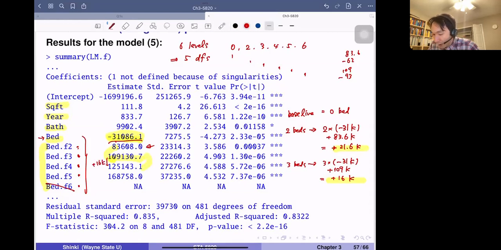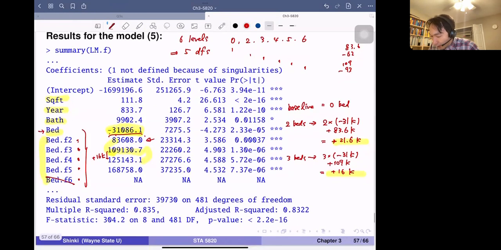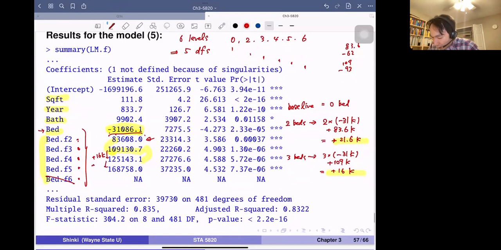And for 4 bedrooms, the increment is also 16,000. This is almost the same between 2 and 3, but actually for 1 additional bedroom, negative 31. So actually 4 bedrooms is worth $15,000 less than 3 bedrooms. And 4 and 5 actually almost maybe slightly positive impact. So plus 43, but minus 31.